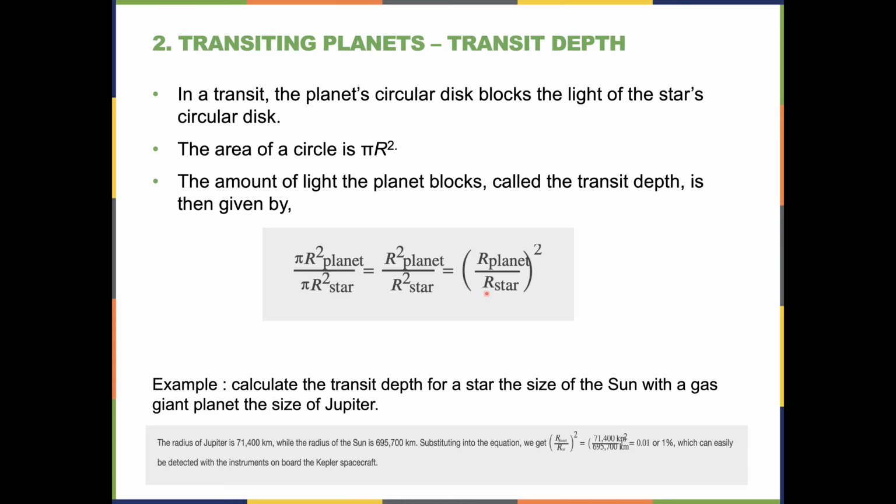And then you have to find this value right here. And this value is what we call the transit depth for transiting planets. So make sure that you understand it, and if you have to calculate it at some point, this is how you do it. And there is an example here.